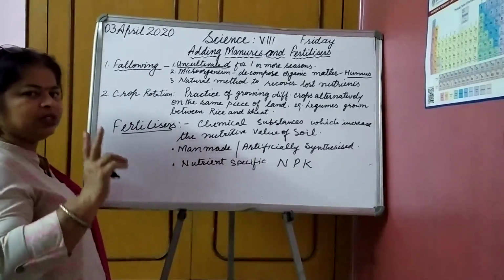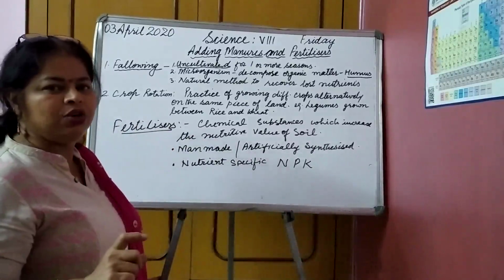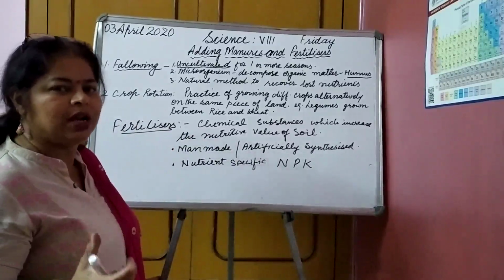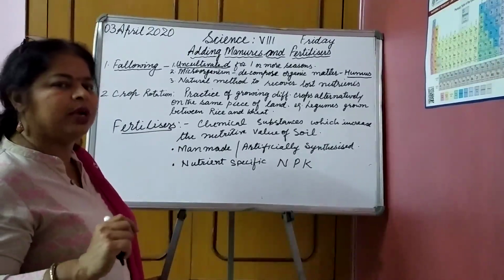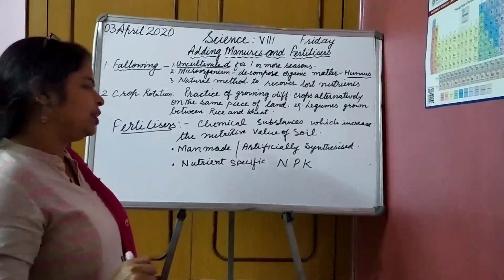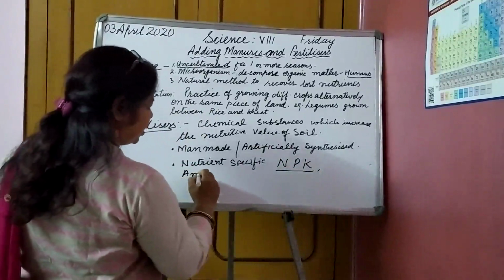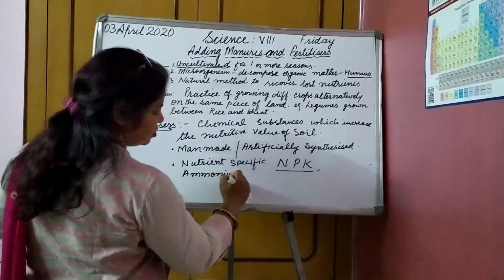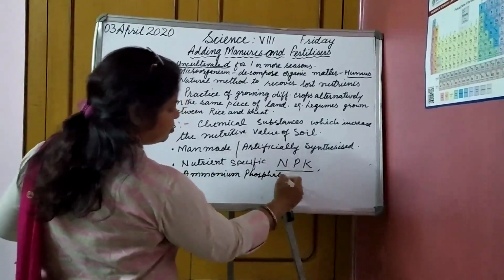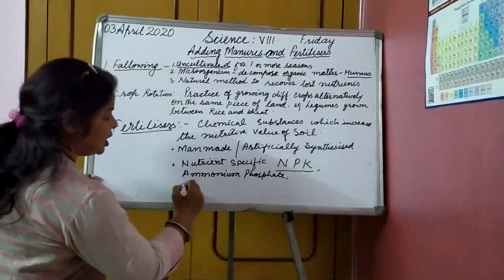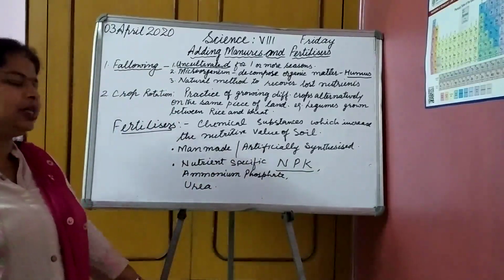Plants require nutrients in 2 forms, macronutrients and micronutrients. Macronutrients are required in large quantities, and micronutrients are required in very less quantities. Same way, one is ammonium phosphate. These are the names of some fertilizers. Then urea, very common, you might have heard about it. So these are the fertilizers.